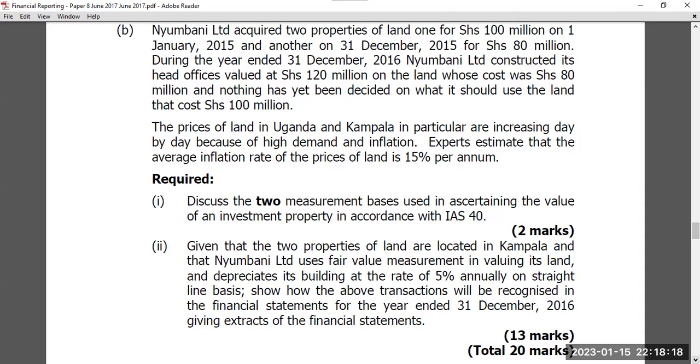Or we are going to be using a different model, which is the fair value, because we said under IAS 40 we are using two measurement bases.